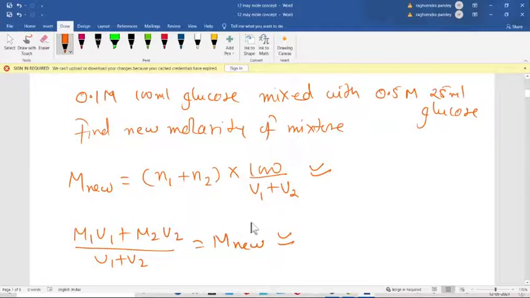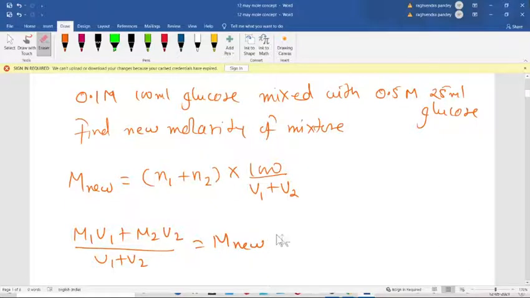These are the two formulas. Both are easy, but this one is slightly easier than the first one because in the first you have to calculate the number of moles. Here the calculation is easy, there the calculation is typical. So you can use either of them to calculate.